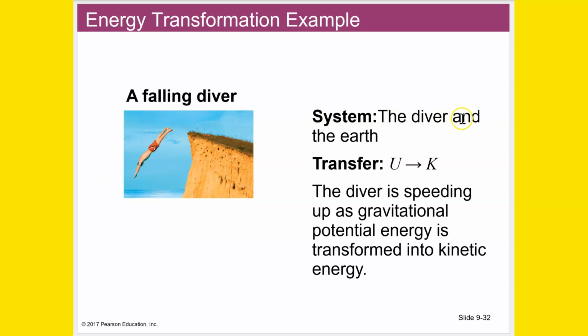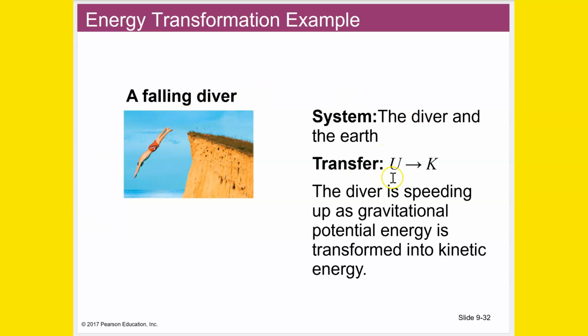Falling diver system: the diver and the earth. In this case, the diver is not the system alone. The diver and the earth are the system, and you could define that either way. Sometimes it just depends on the situation which one is more advantageous. But according to this example, the diver and the earth both are within the system.